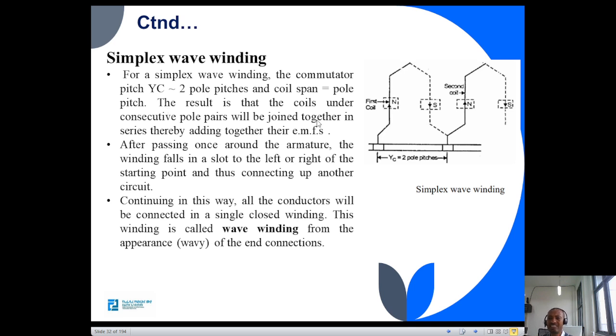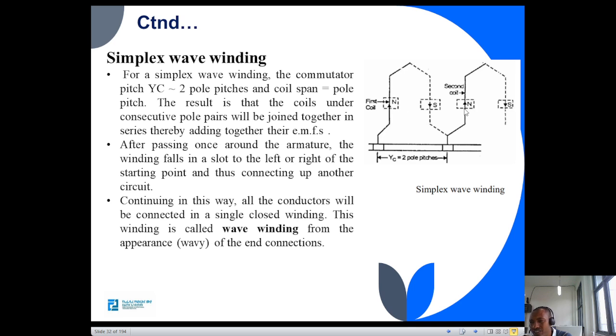And the result is that coils under consecutive pole pairs will be joined together in series, thereby adding together their EMF. See, the first coil side is under the north pole, and the second coil side is under the south pole, and the first coil side of the next coil is also under the north pole.